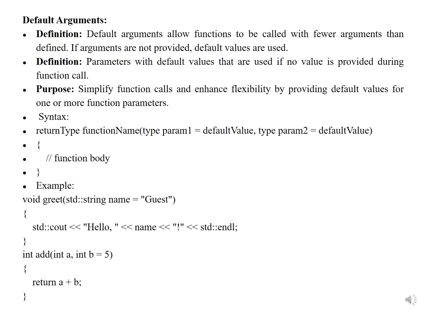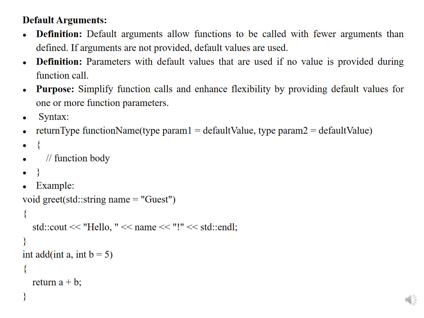If you do not provide the parameter for the greet function, it will take guest as an input. Another example, int add(int a, int b = 5) return a plus b.